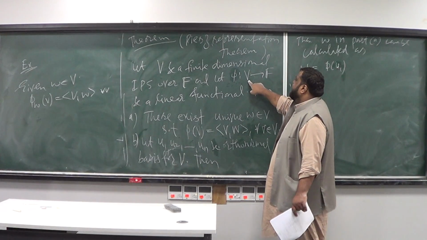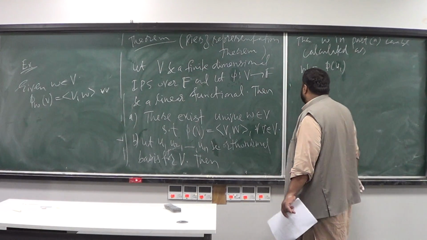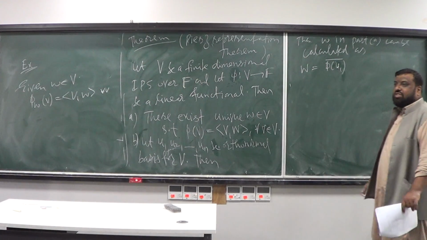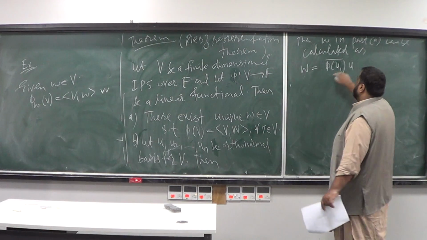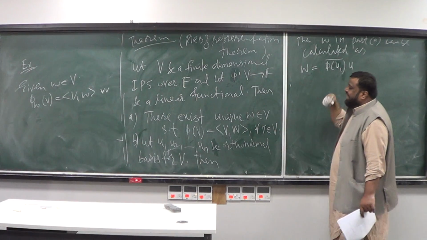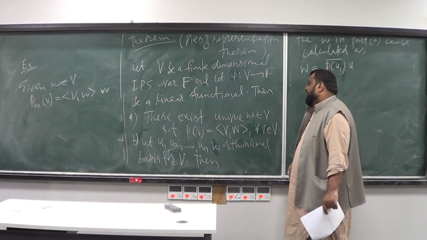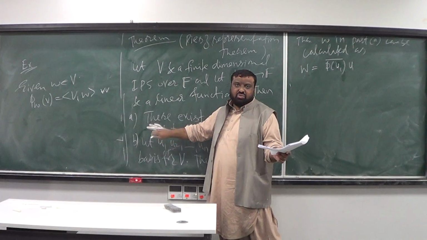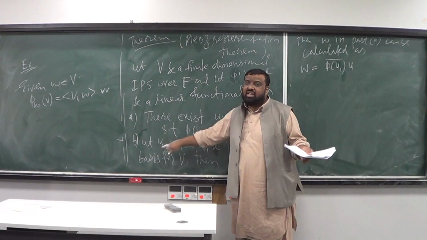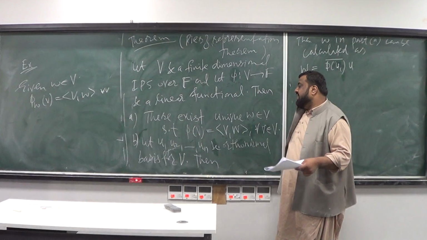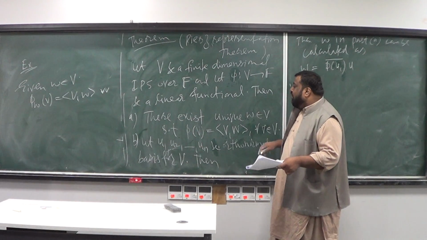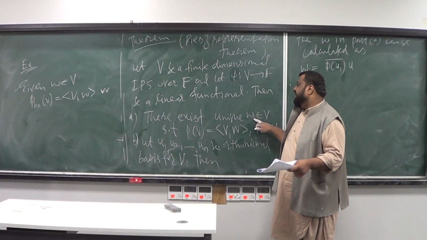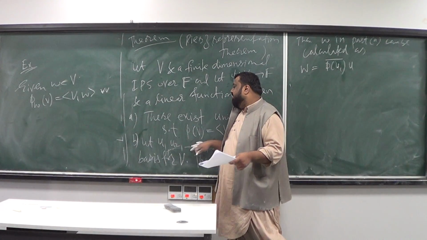So u1 is a vector here, so phi of u1 is going to be an element in the complex numbers, and take its conjugate times u1. Since w is a vector in V, it must be a linear combination of u1, u2, up to un. Undoubtedly every single vector here should be a linear combination here. But the question is, what are the coefficients of it? How can I write that w in terms of u1, u2, un, and from where can I find the coefficients?